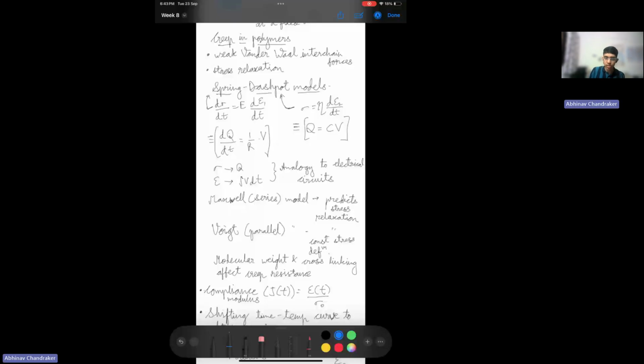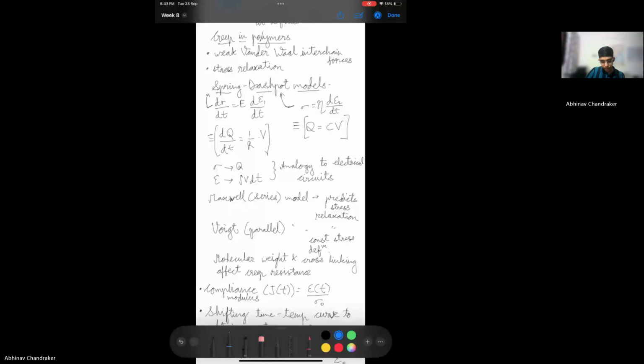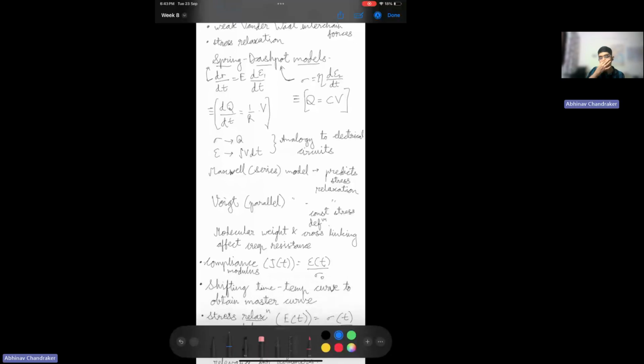Along with the usual way, there is one more way of testing the polymer's creep properties, and that is by stress relaxation. In stress relaxation, what you basically do is apply a stress to a material, it will deform, and then you hold the material such that the strain is fixed, and at that fixed strain you see how much stress is required to keep the material in place.